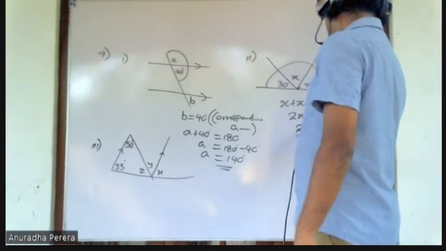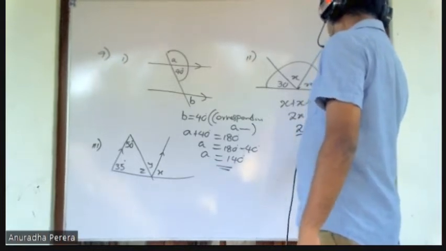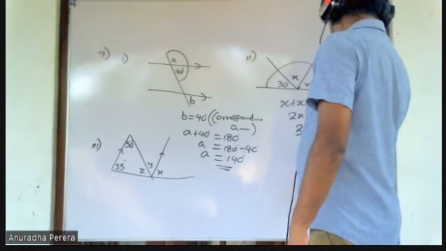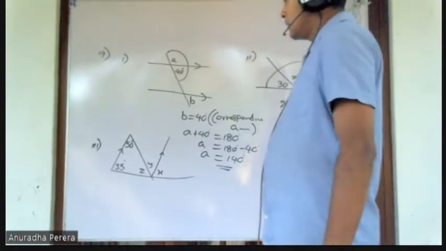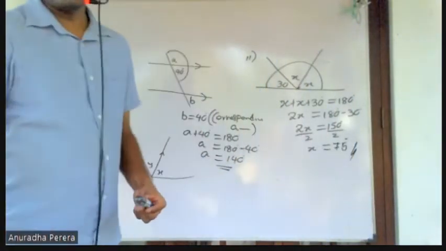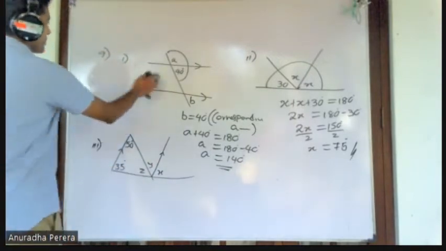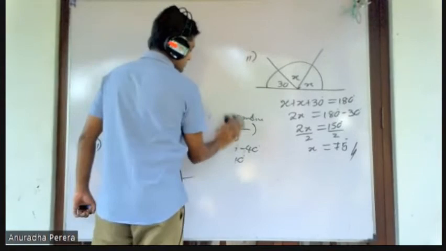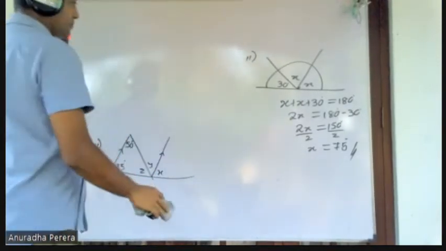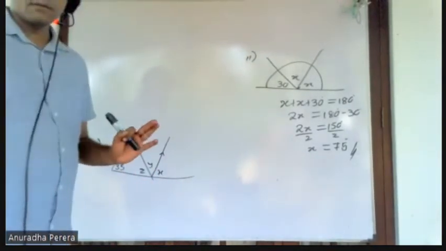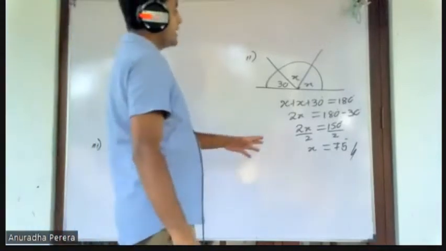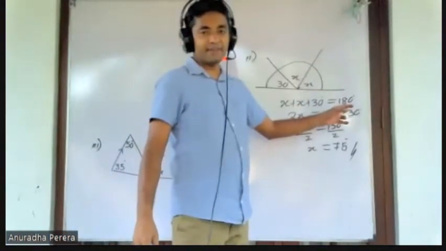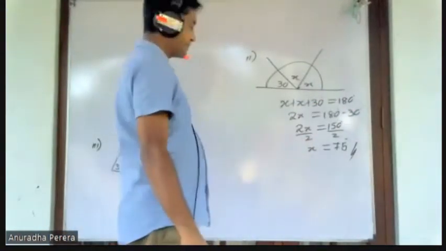Then divide both sides by 2. x is 75 degrees. The reason is angles on a straight line.